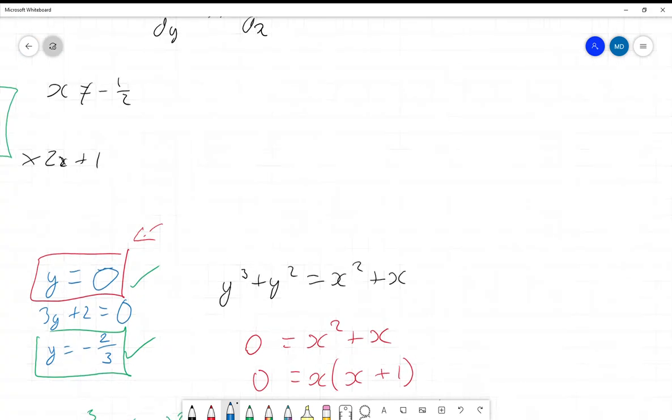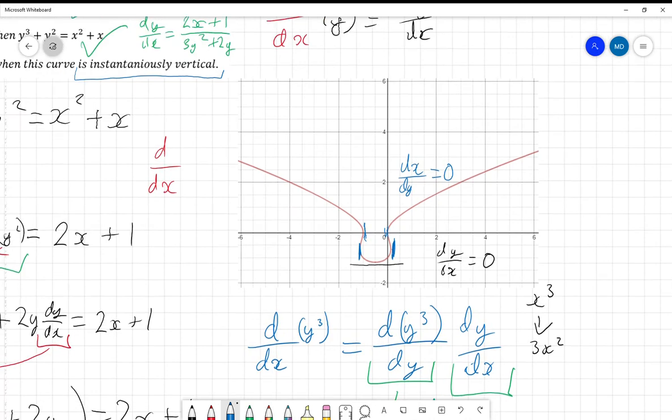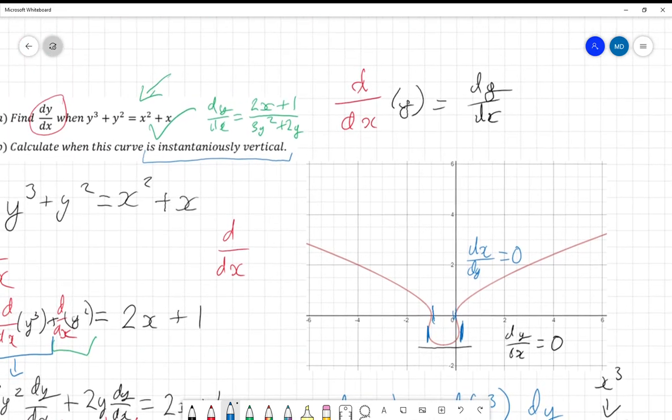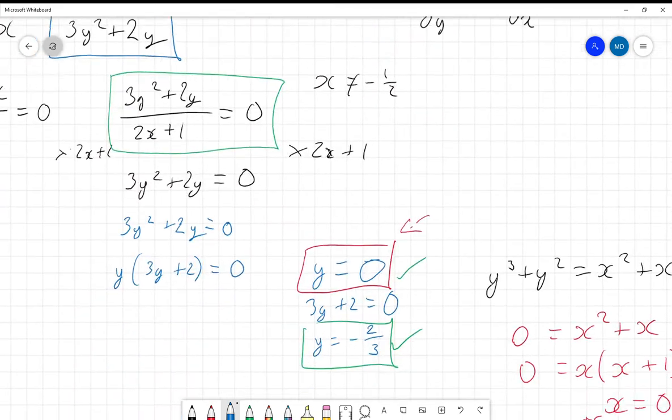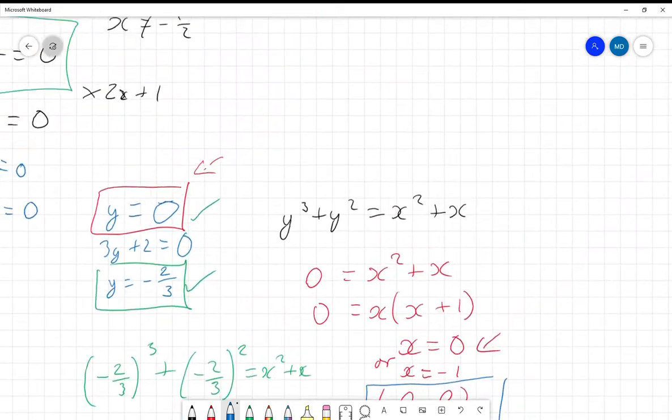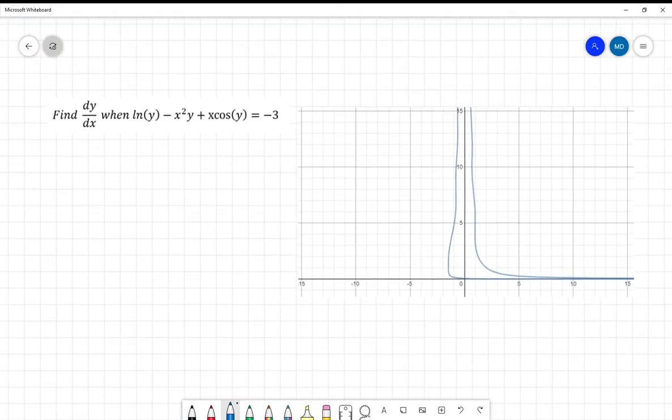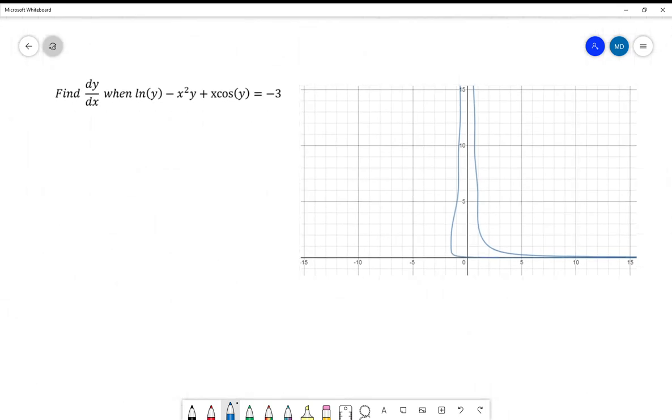Okay, now that's not it, because it can get a little bit more complicated for the original differentiation. That's probably one of the more difficult ones for finding verticals that you'll find on a basic exam. But let's have a look at this. Find dy by dx when the natural log of y minus x squared y plus x cosine y equals negative 3.